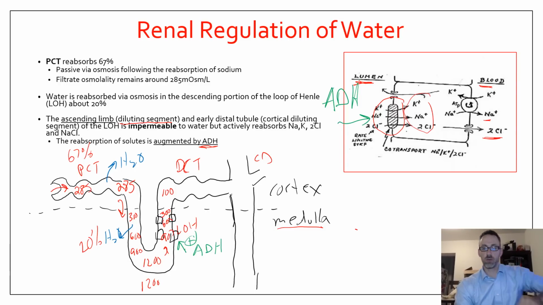So in other words, it can really dilute that diluting segment. It can move even more solutes into that medullary interstitial space and leave behind a much more dilute solution in the nephron. So it'll create a greater concentration gradient, which will become more important. I'll talk about that later. But that concentration gradient will become greater in the medulla, and that's going to be important for being able to reabsorb water.